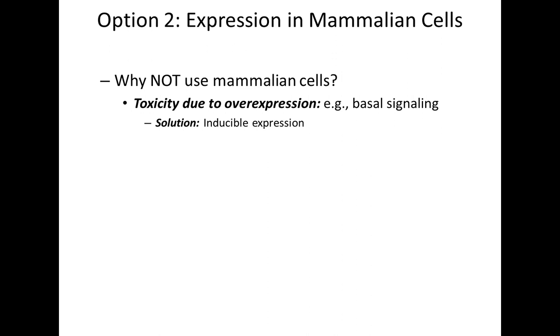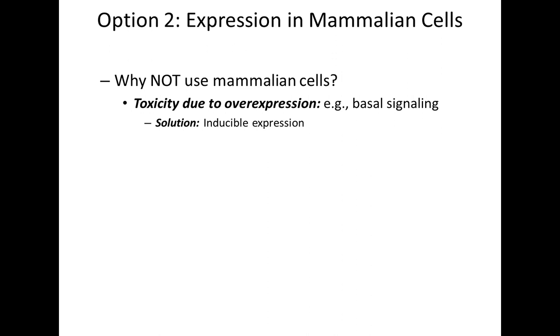So the first problem is simply that high-level expression of GPCRs tends to be rather toxic. This probably is not a huge surprise because GPCRs are signaling proteins, and so when you overexpress them, you're going to be constantly activating all kinds of pathways in the cells nonstop. As a result, if the cell can survive this stress at all, it's going to be doing everything it can to downregulate the receptor expression.